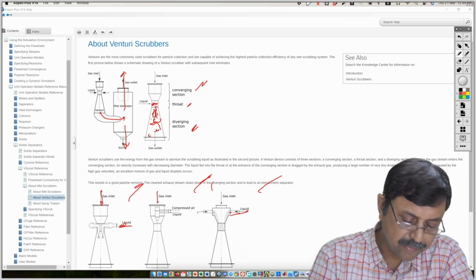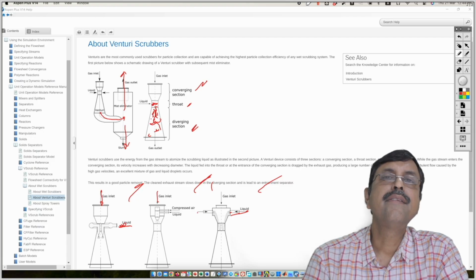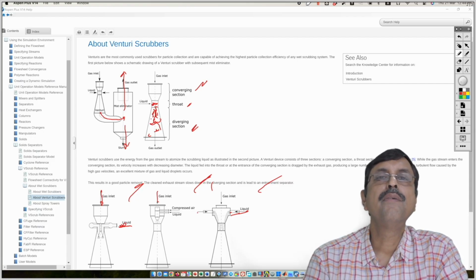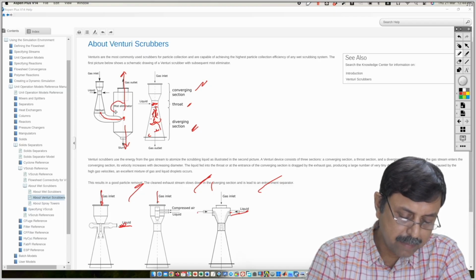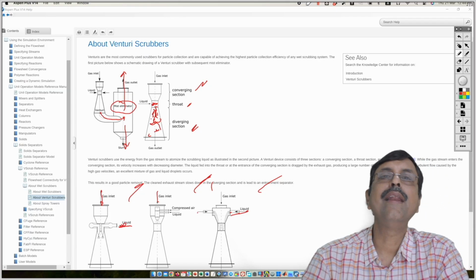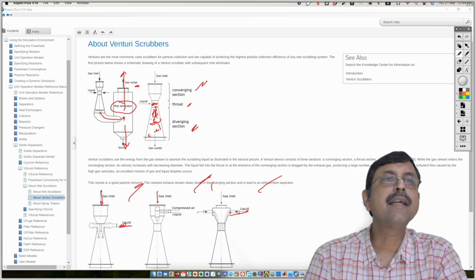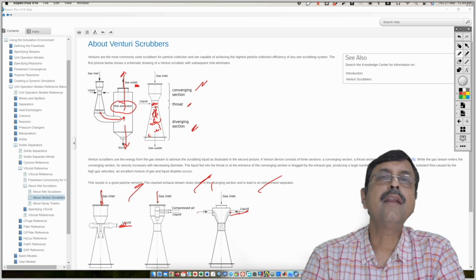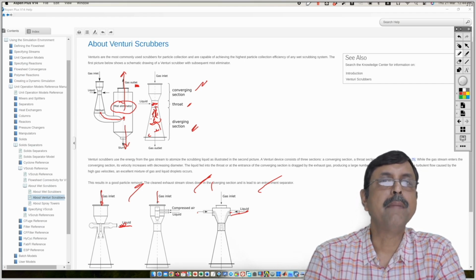And obviously, if such a high velocity turbulence is created, some mist will also form in the vessel. So there will be a mist eliminator over here. This mist eliminator will eliminate the mist. So the gas outlet will contain only the gas phase, no liquid and no particulate matter.